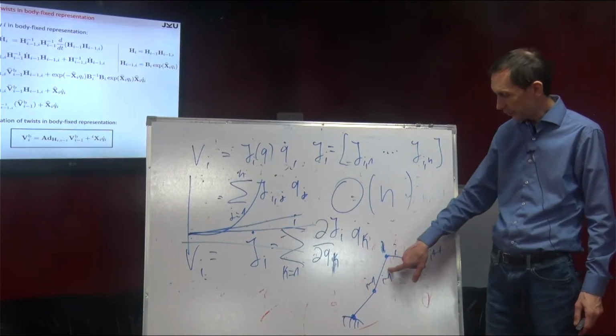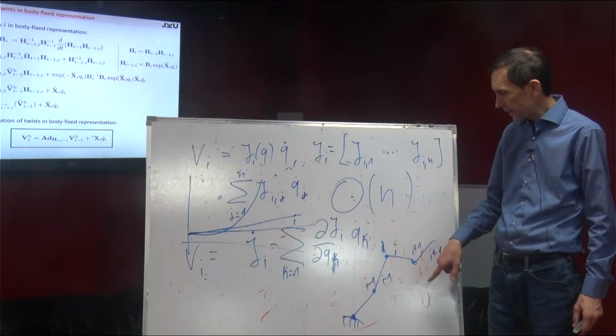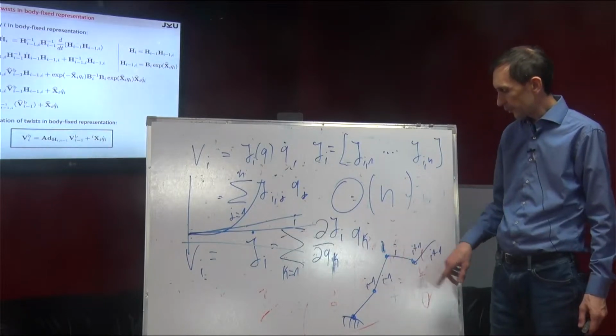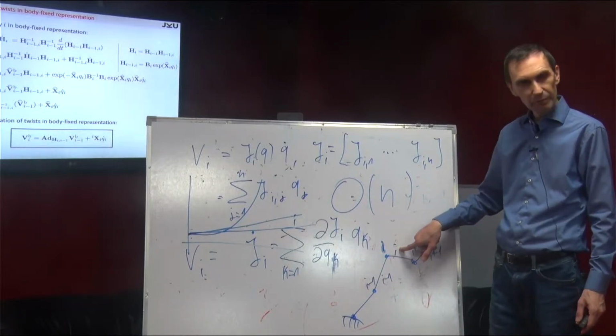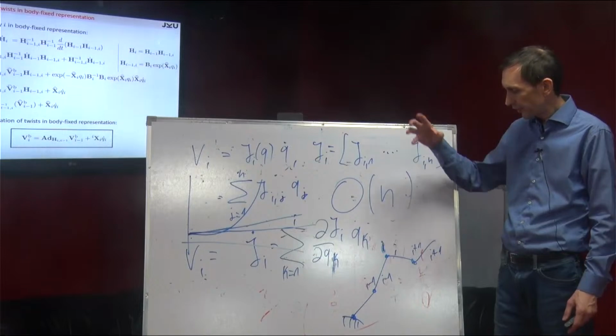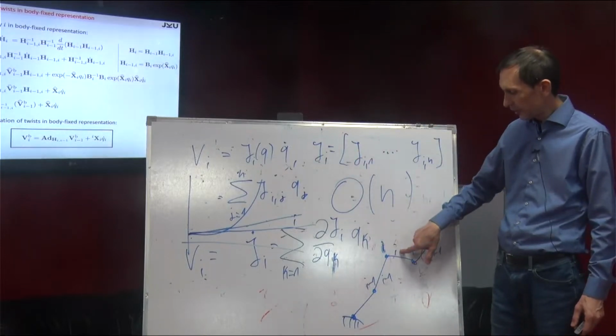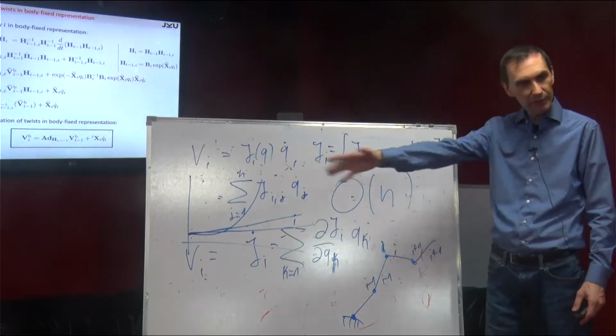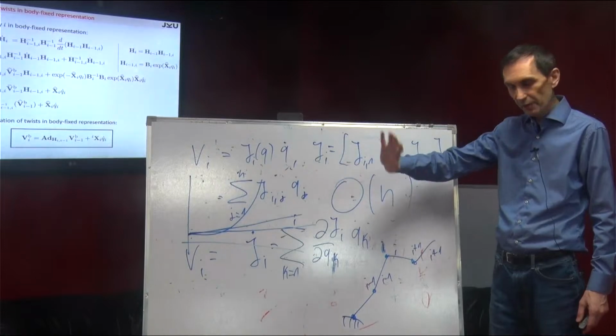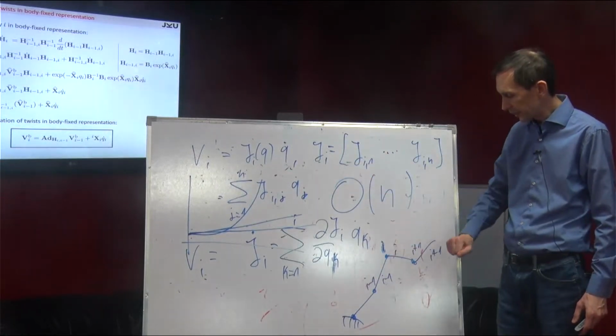So I know the body twist of I minus 1. I transform this twist from I minus 1 to body I. And then I have at least the twist of body I due to the motion of all the predecessors. I have not yet included the joint motion, but that comes later on.